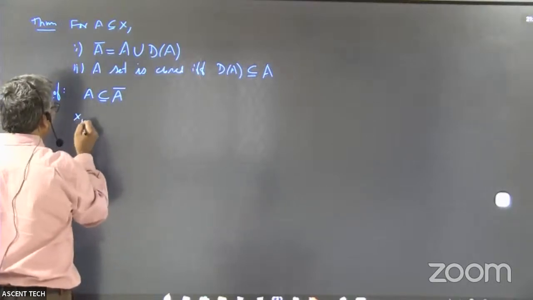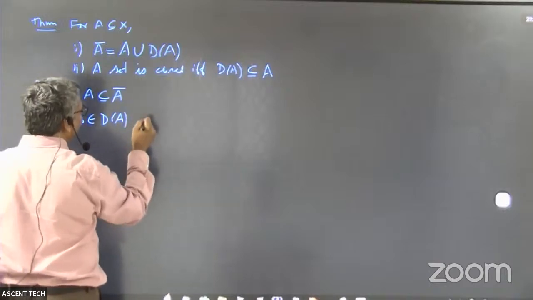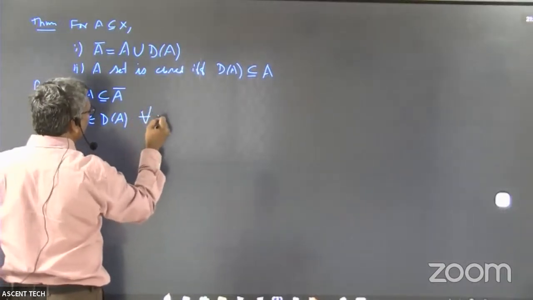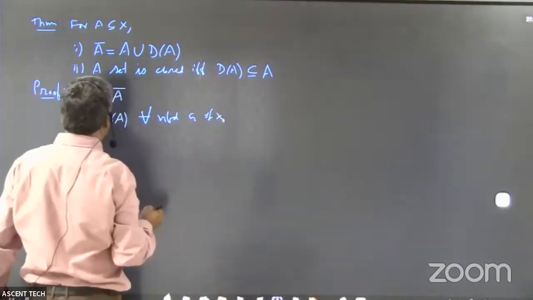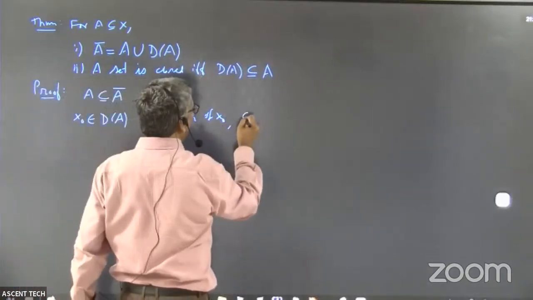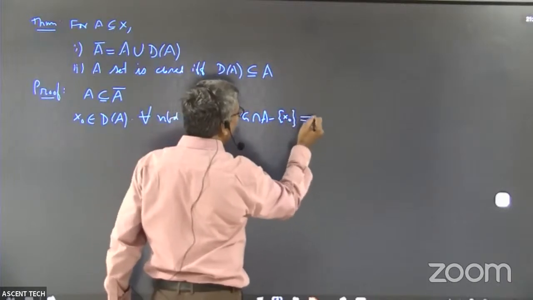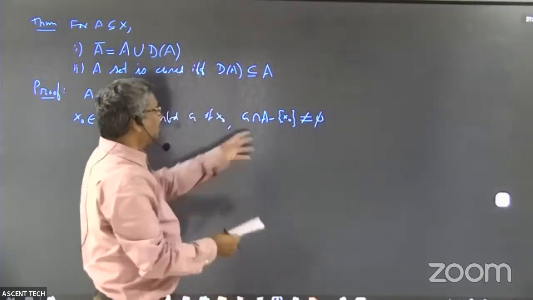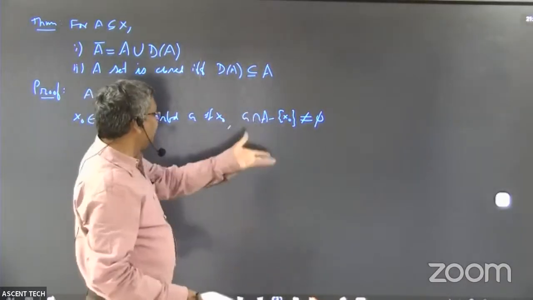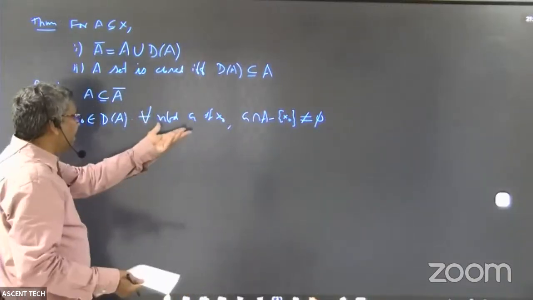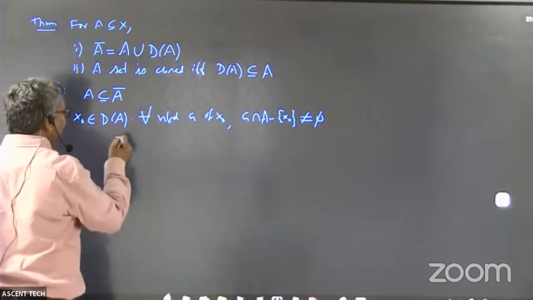So if I take X naught in dA, the very definition says that for every neighborhood G, that means any open set G that contains X naught, G intersection A minus X naught is non-empty. Already we proved a theorem. Even if G intersection A is non-empty, I don't need G intersection A minus X naught to be non-empty.